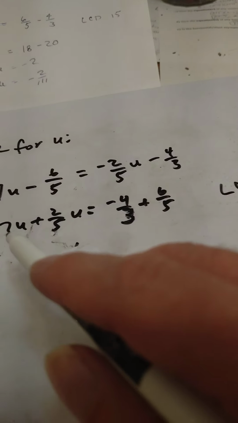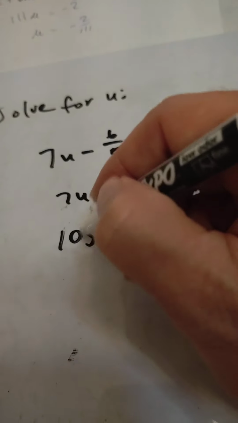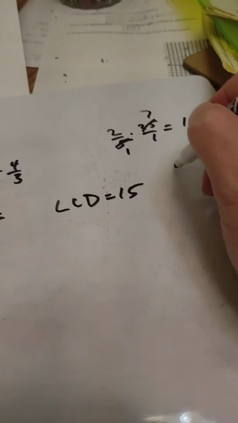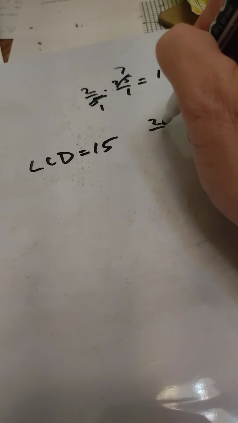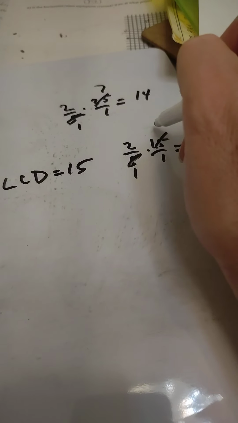What's 15 times 7? Yeah, that's 105u. What's 2/5 times 15? I can cross cancel. 5 goes into 5 once. 5 goes into 15 3 times. 2 times 3 is 6.